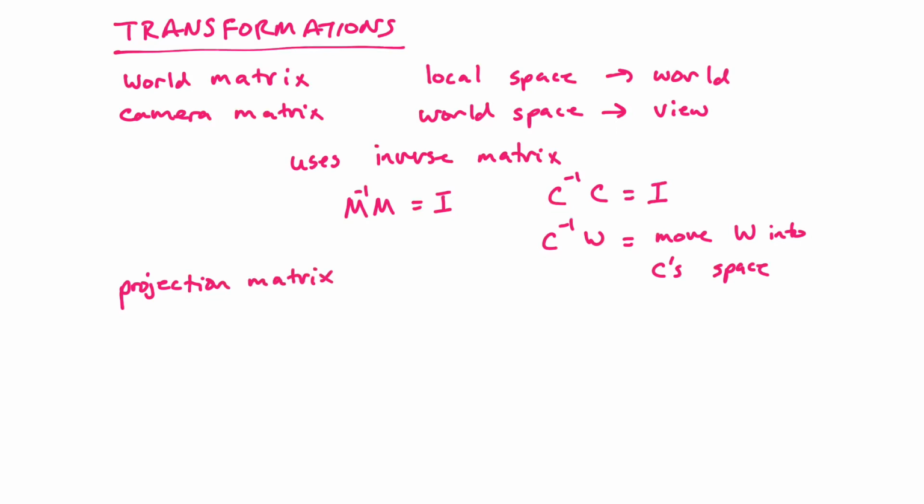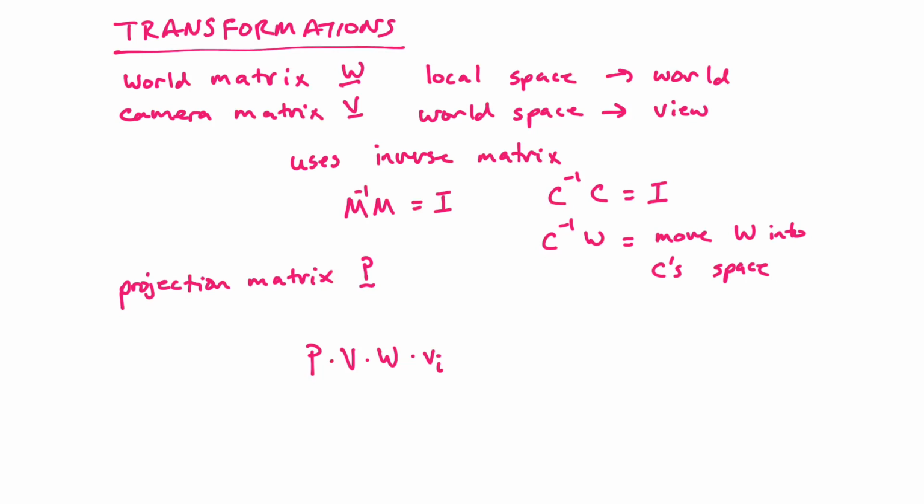So we'll call this one W, we'll call this one V, and we'll call this one P. So if we want to find out the final position of a coordinate, like say we're taking a triangle, we want to find out where we're going to end up drawing on the screen, we will multiply P times V times W times v sub i, which is our coordinate.